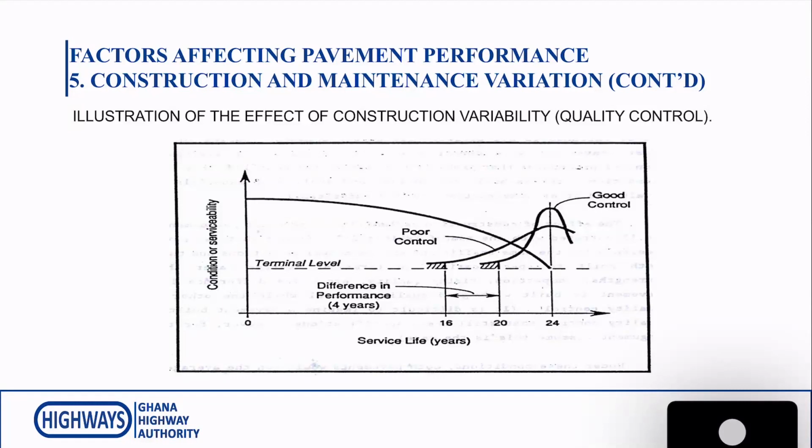Obviously, when the road is being constructed and tests are being conducted, it must be of good control. But this is for discussion purposes. If it is of poor control, it means that the performance will be less. And in this graph, you can see about 4 years less in service life compared to the one that has good control.